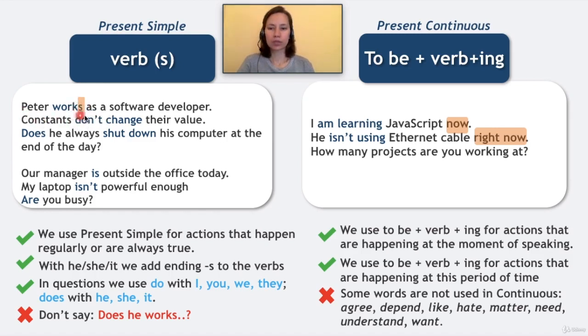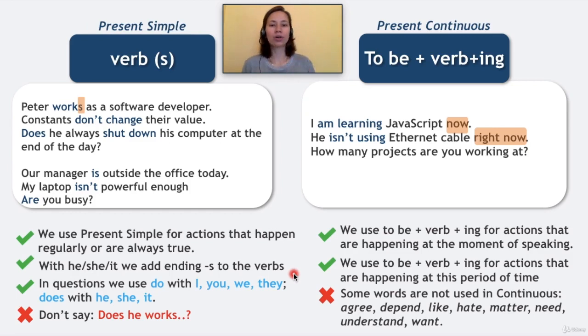So Peter works. You see that the letter S is highlighted here. This is the most important thing actually to remember about present simple. Verb, and sometimes the verb takes the ending S. When does it do it? With he, she, it. We add ending S to the verbs.